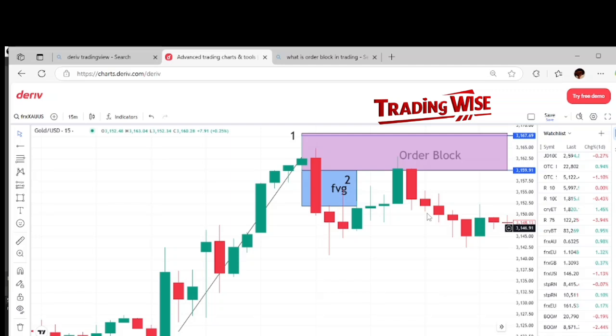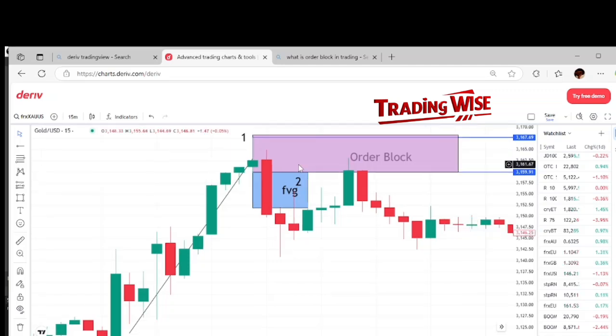Price will always go inside the order block. You can see that the whole candle is what we are looking at. Price will always go inside, and what happens when price goes inside the order block? It will then go back.